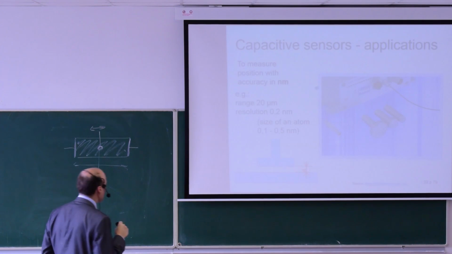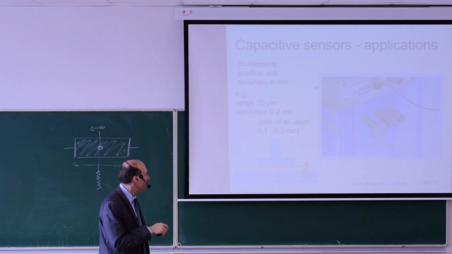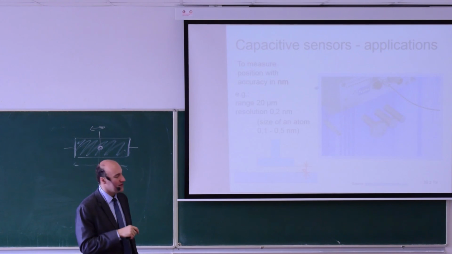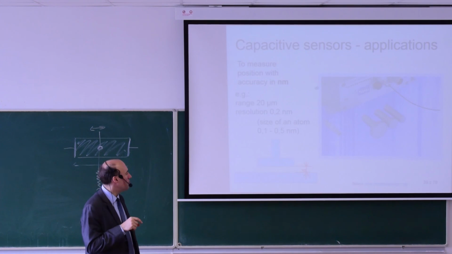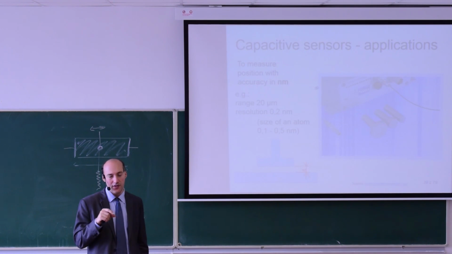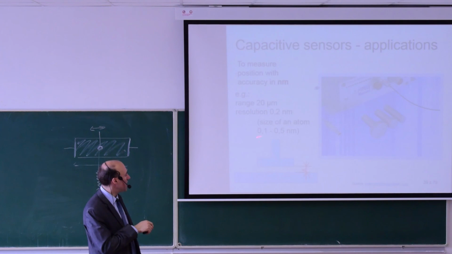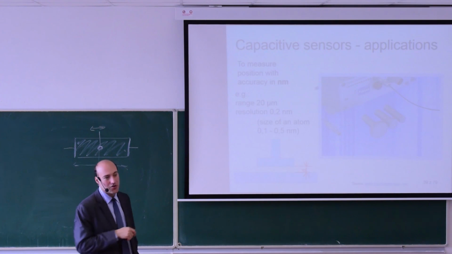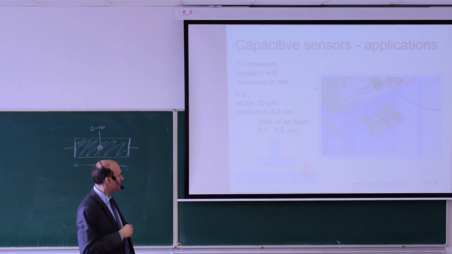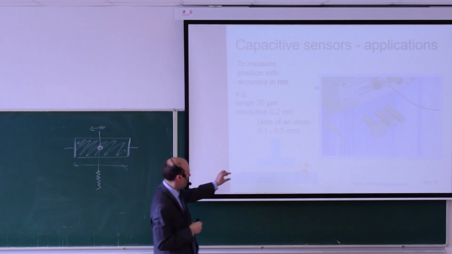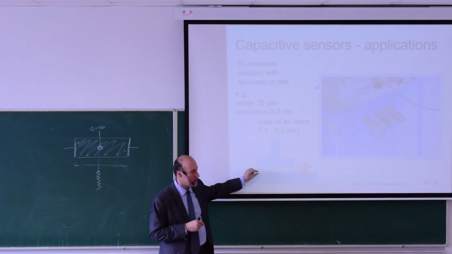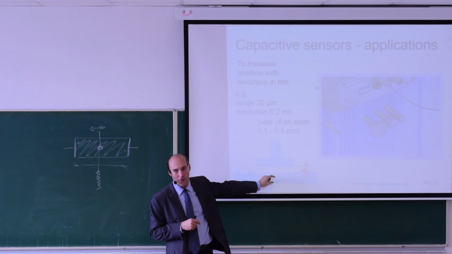To give you an idea how small that is, the size of an atom is somewhere between 0.1 to 0.5 nanometers. This is hydrogen, and these are the larger atoms. So with capacitive sensing, you can measure the distance within the size of one atom, roughly.